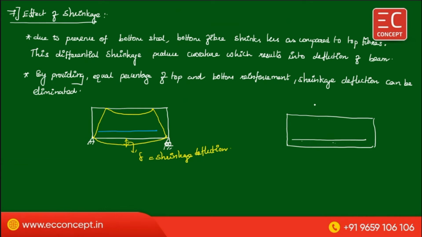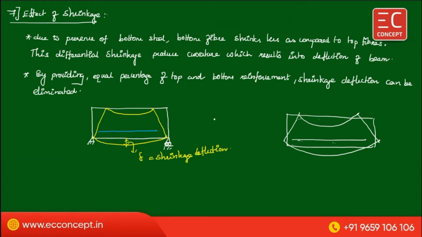Shrinkage is the effect of temperature. The shrinkage stress will be more at the top and less at the bottom, because here the steel is there, and here the steel is not there. Because of this, unequal stresses are developed, so bending happens.